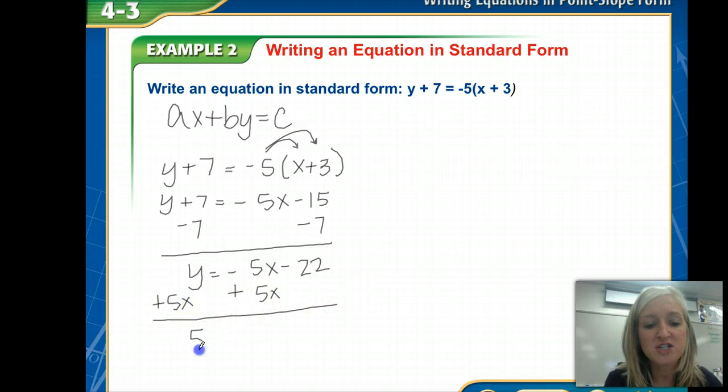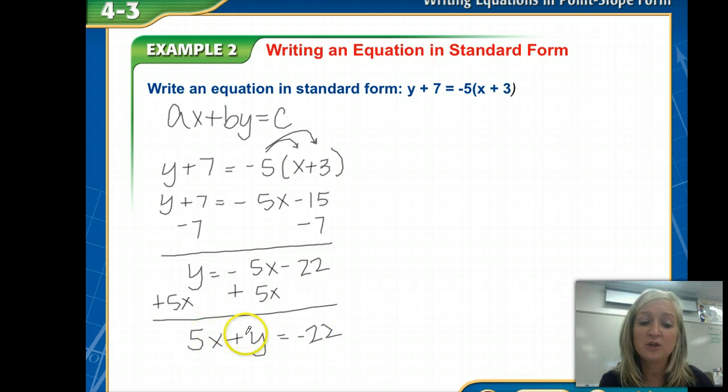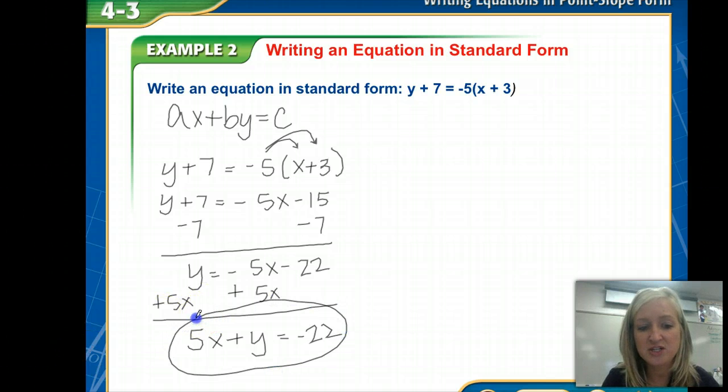And my grand equation is x, then y equals the number. A equals 5, B equals 1, and C equals -22. This is my standard equation, ax plus by equals c, point-slope form to standard form.